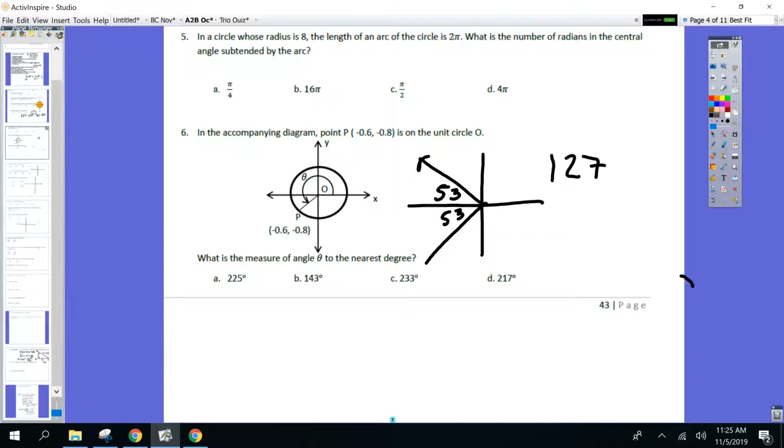The one I wanted to do with you is going to seem like a simple one to you, but a big deal to me. Where was the radians question?